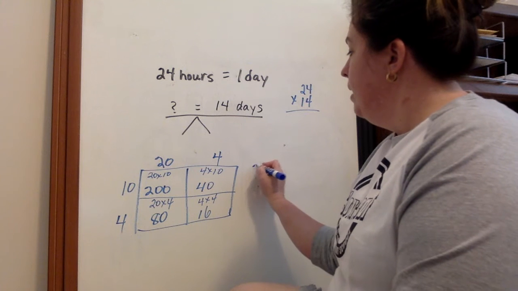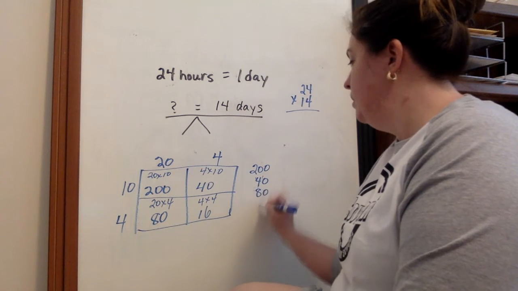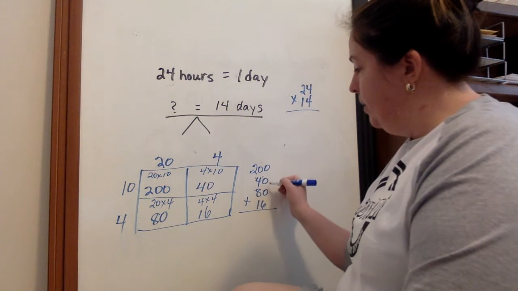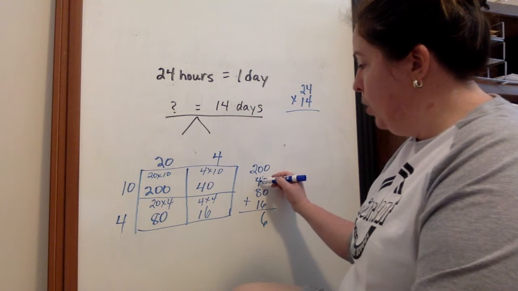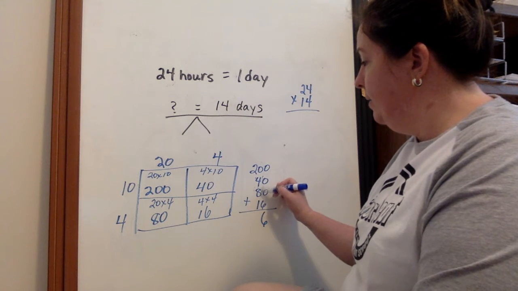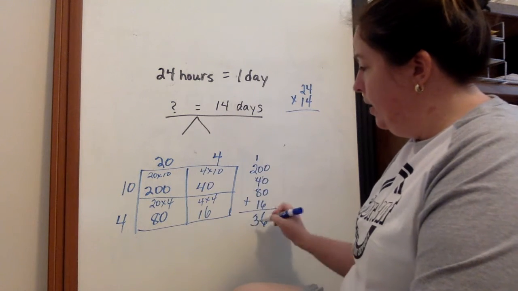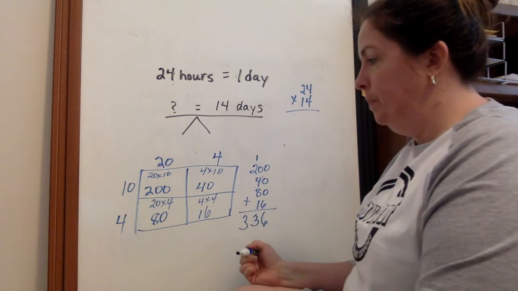Okay? When I add up my partial products, 0 plus 0 plus 0 plus 6, 0 plus 4 plus 8 is 12, and one more is 13. Need to regroup that 1. 1 and 2 is 3. Okay?